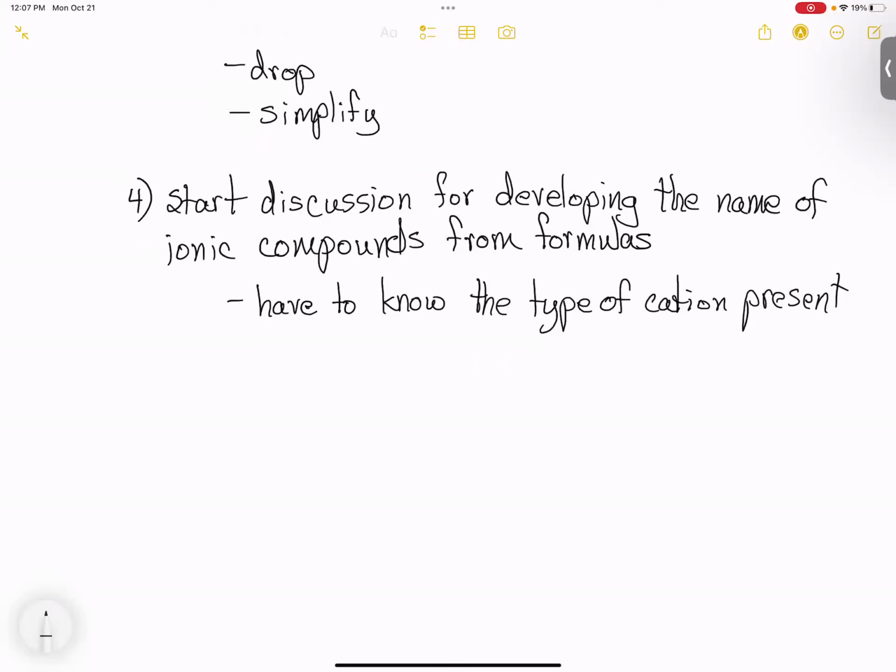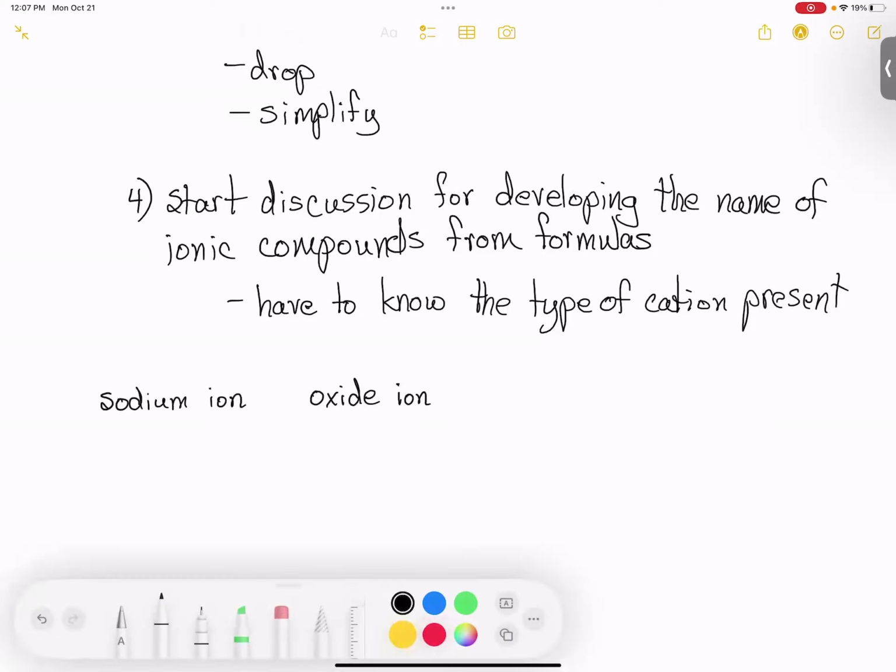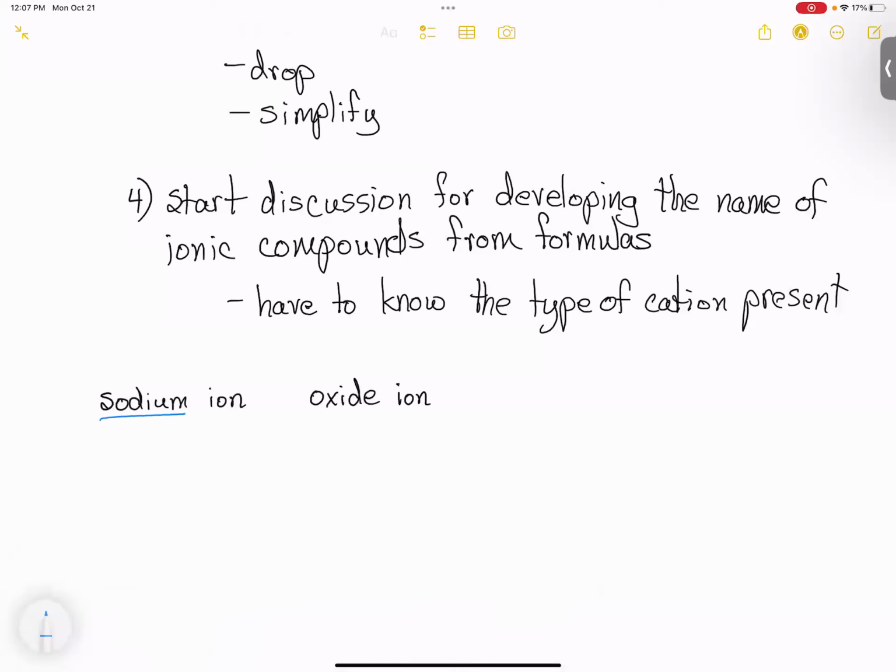So if I say I'm going to combine sodium ion with oxide ion, the first thing I note is I look at the sodium.